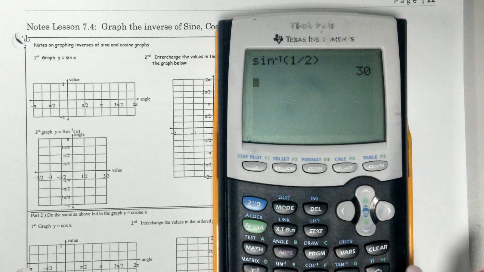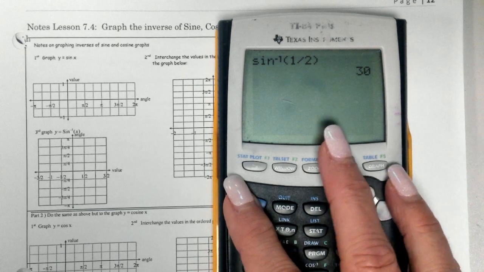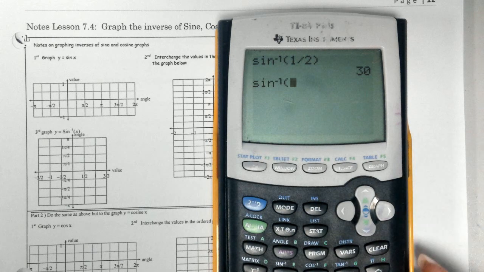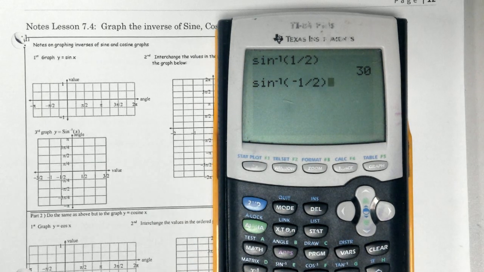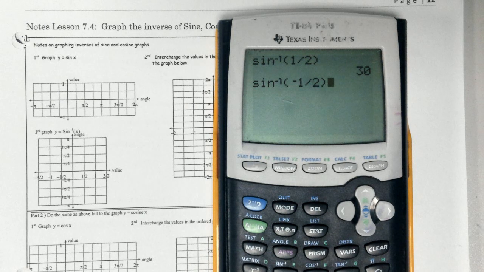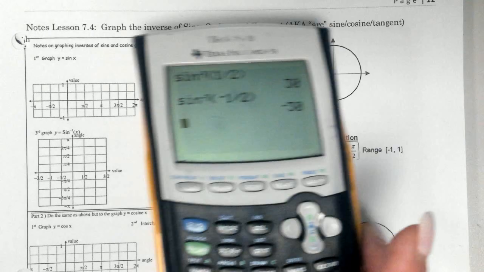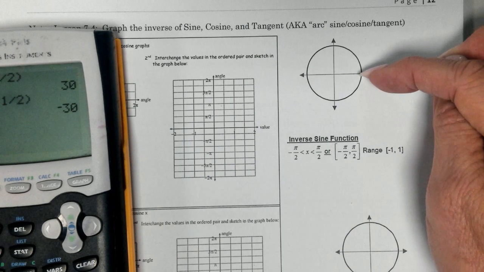Now, if I type in inverse sine of -1/2, where are my sine ratios negative? In 3 and 4. And so if I hit enter, notice it gives me a -30. Where is -30 on the unit circle?